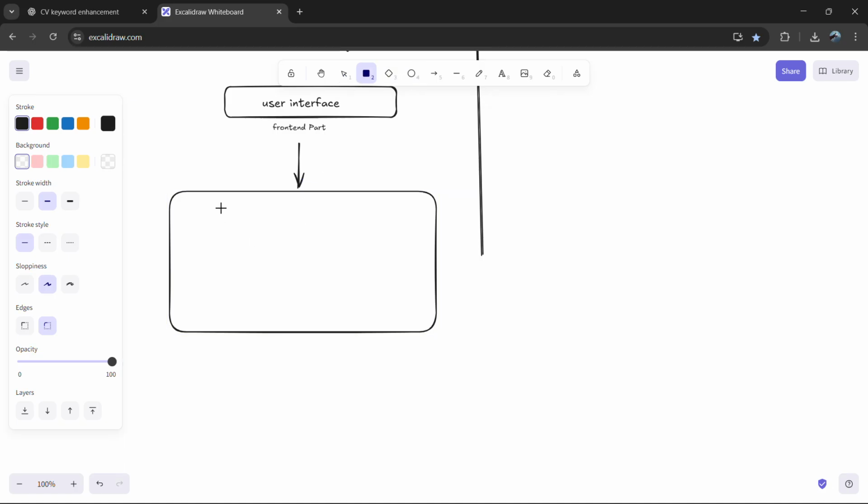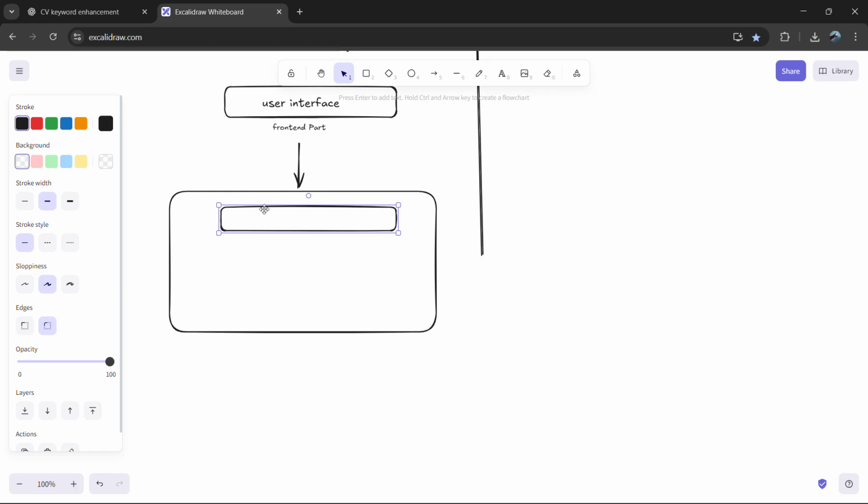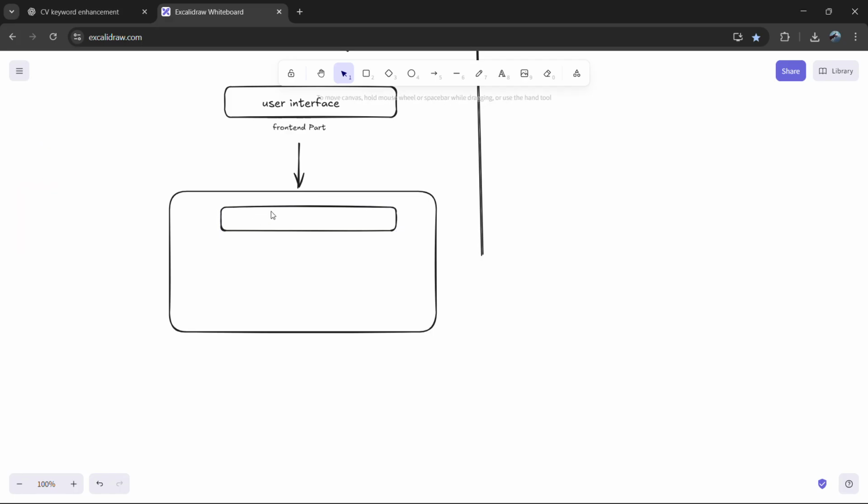In this backend system, there are many logics that we build.